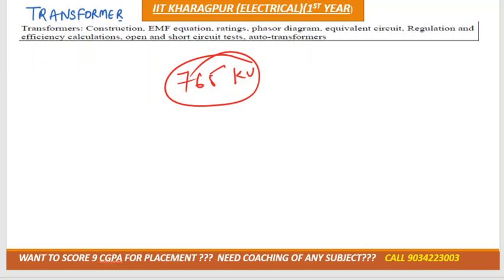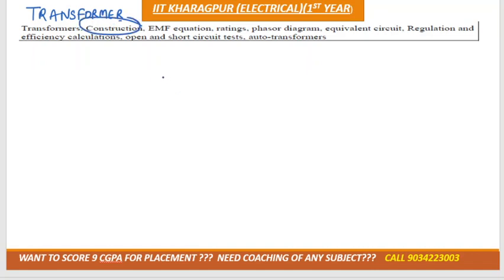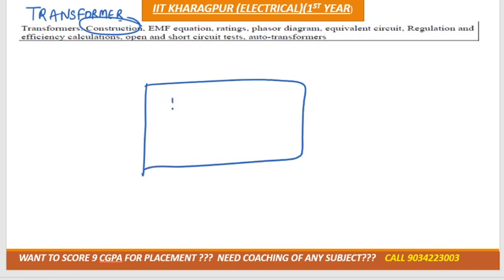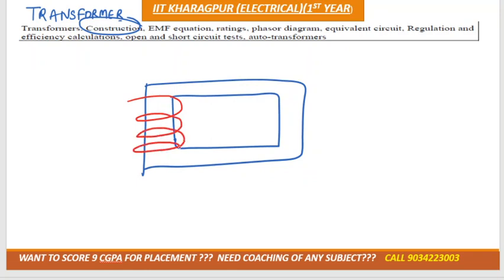Okay. So next thing, the construction and working principle of the transformer. In every kind of transformer we have a primary winding and a secondary winding, correct?